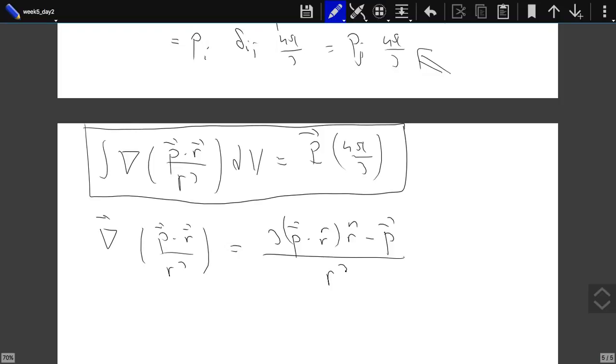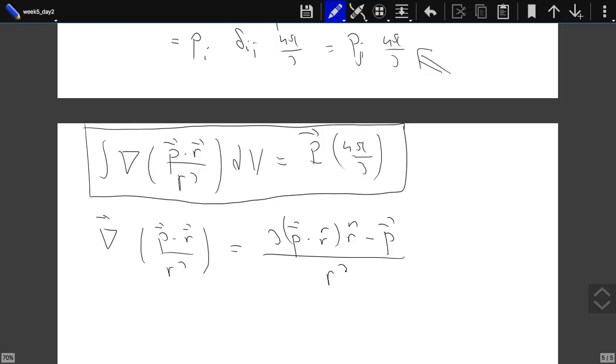Basically, using the same arguments, just look at the first term. It's R hat, just take the components. If you just write it as r vector over r, you get the xi xj over r to the 5 integrated over a sphere, ri rj over r to the 5.